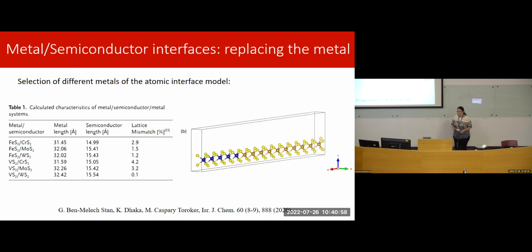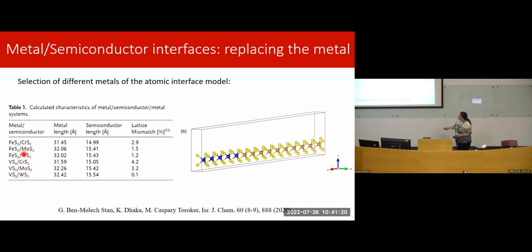A different system that was studied is an interface between two disulfide materials. So you can see here two different colors for two different transition metal disulfides, and the list of materials is here.